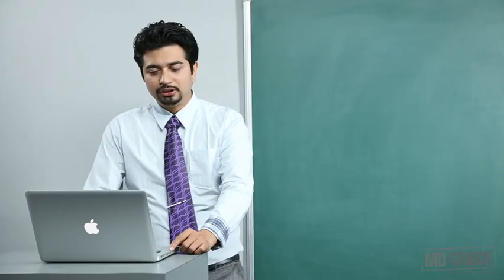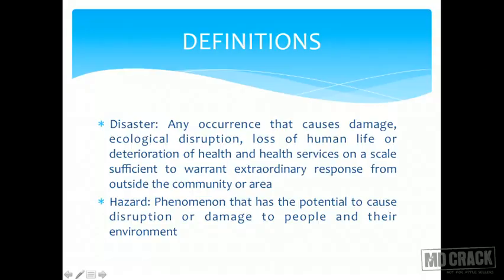The definitions. The definition of disaster is any occurrence that causes damage, ecological disruption, loss of human lives, or deterioration of health and health services on a scale sufficient to warrant extraordinary response from outside the community. So the important part here is extraordinary response from outside the community.